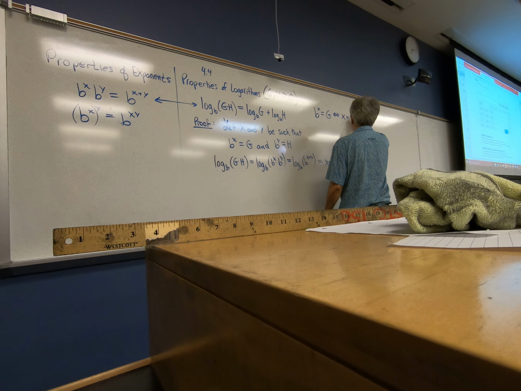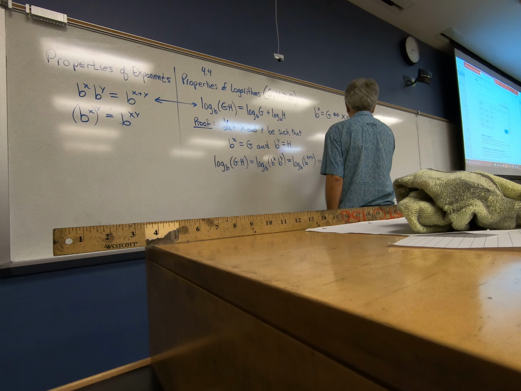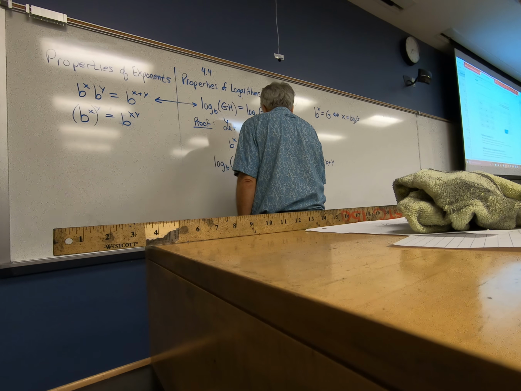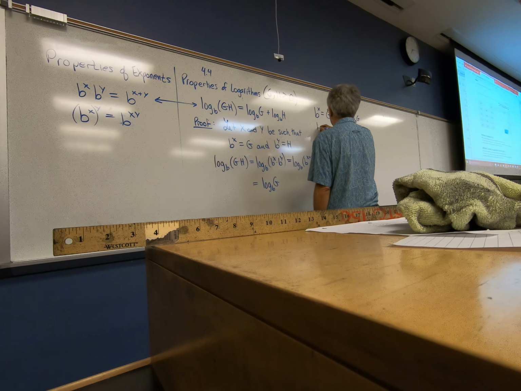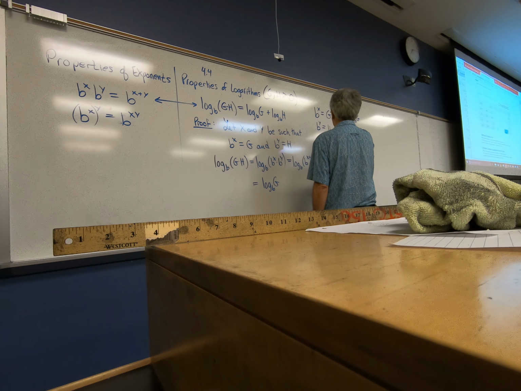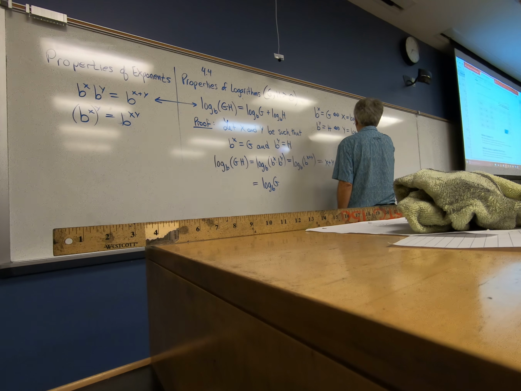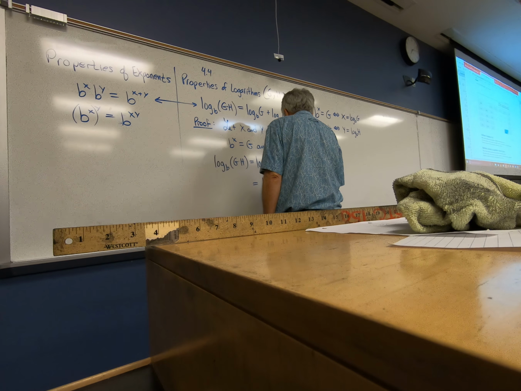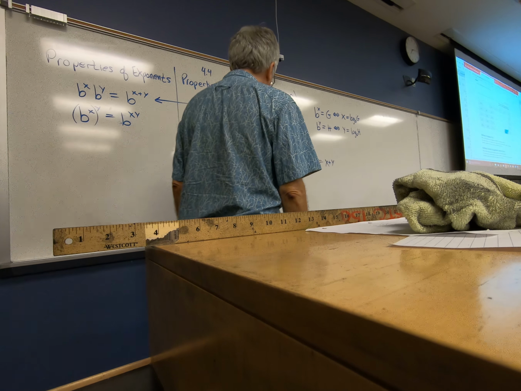X equals log to base B of G. So for X, I can substitute that. And by the same token, B to the Y equals H. That's equivalent to saying Y is equal to log to base B of H. So for Y, I can write that. And so there you go.